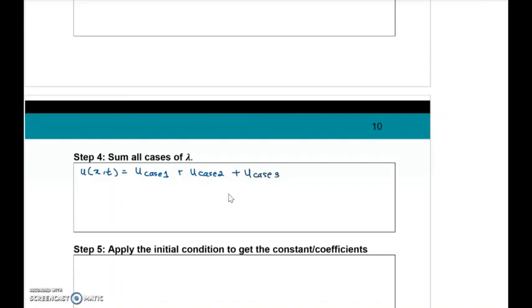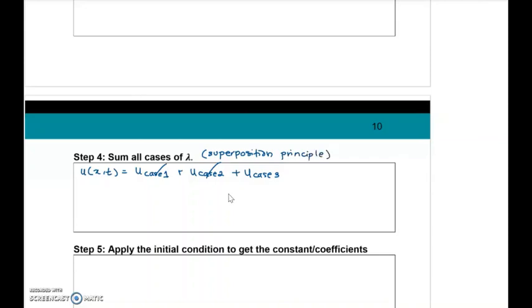But the first two cases are out of interest. The summation of all cases of lambda is, in standard terminology, called the superposition principle. You can Google around, or if you have the textbook, you can refer to that.